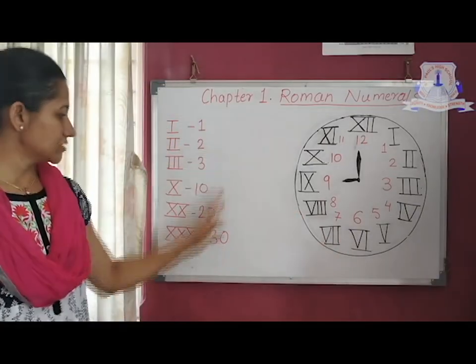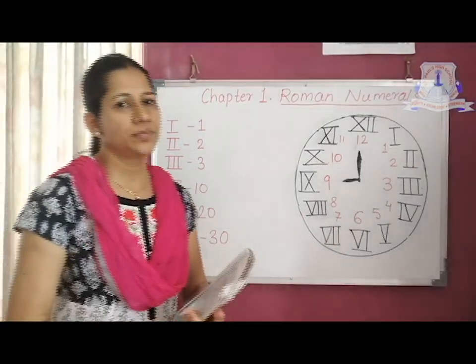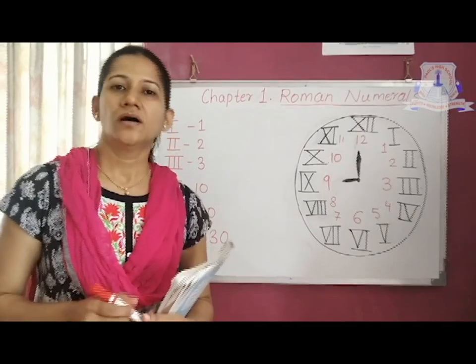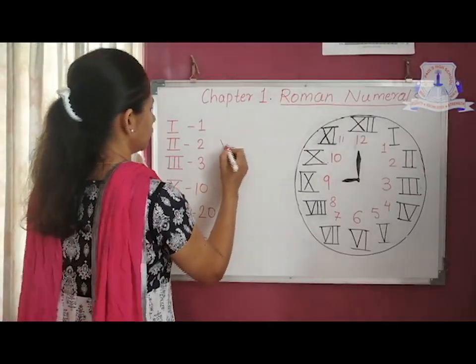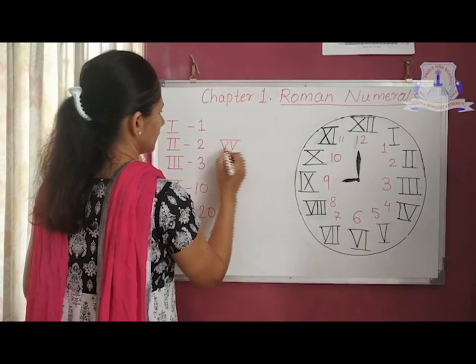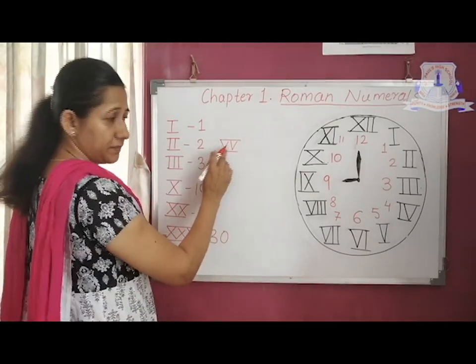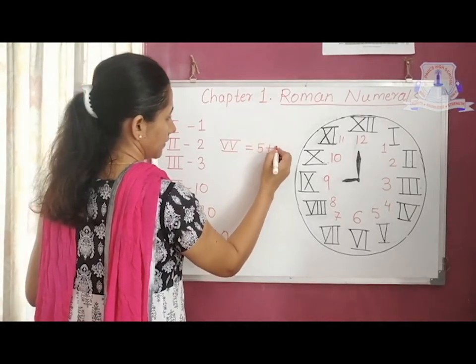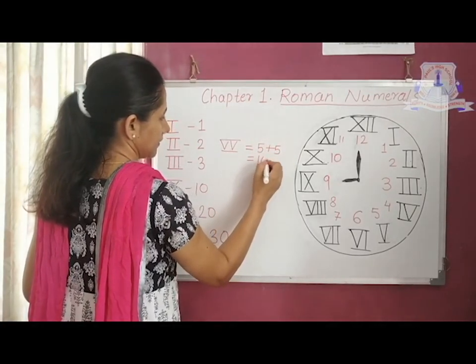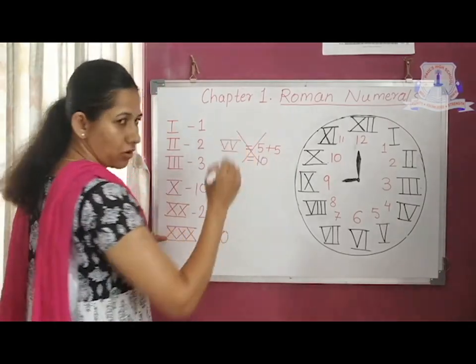And this rule will not be applicable for letter V. It means we cannot write 2V, that is 5 plus 5, to write number 10. So this will be wrong.